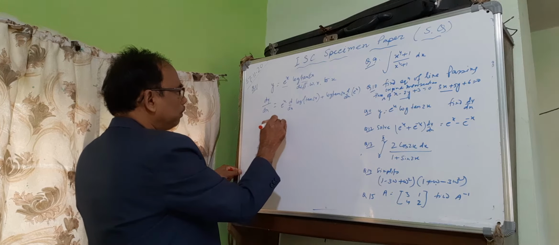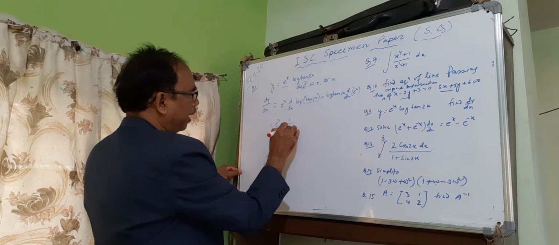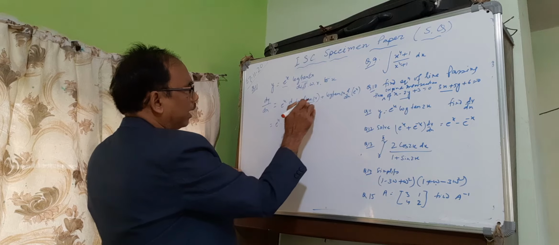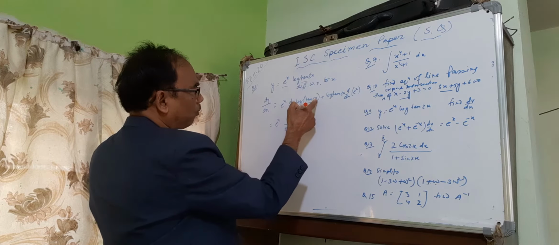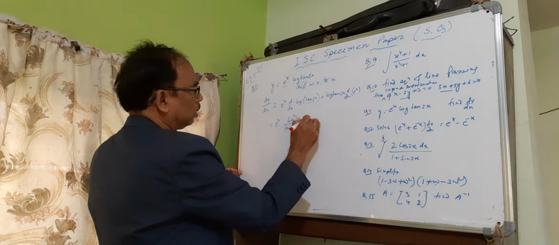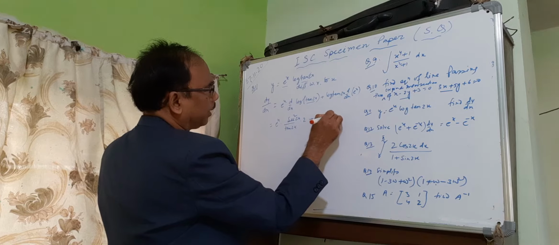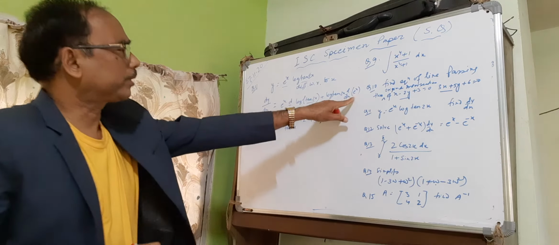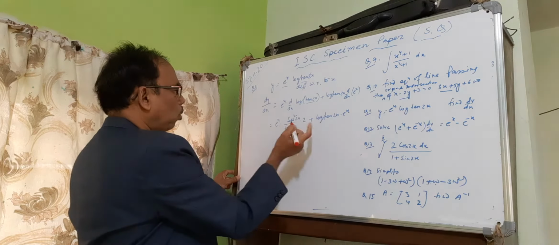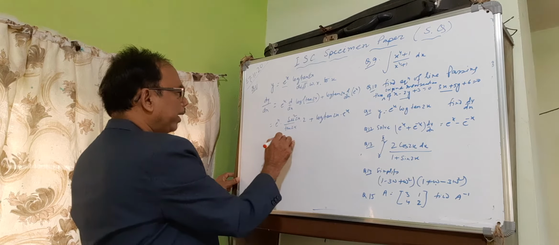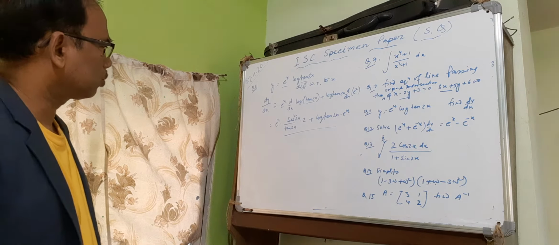Now equals e to the power x, log x derivative 1 by x, that is 1 by tan 2x, tan 2x derivative is sec squared 2x, for 2x this will be 2, plus log of tan 2x, and e to the power x derivative is e to the power x. It is a short question, 1 mark, so we can write this as the answer also.